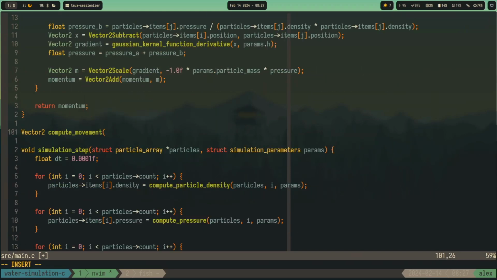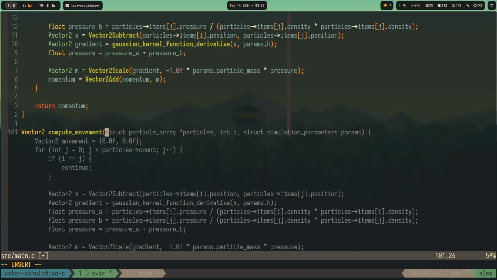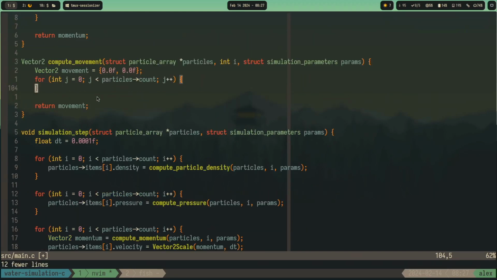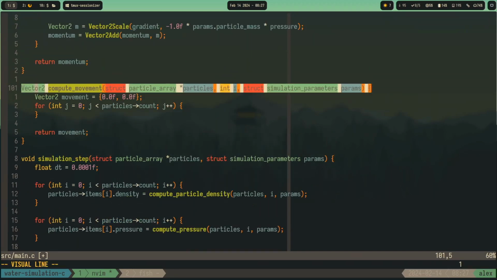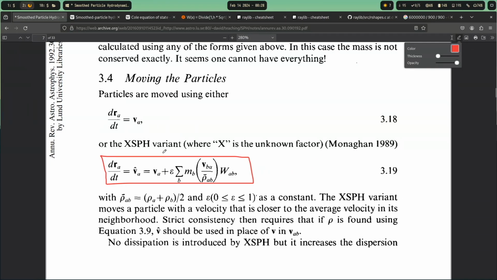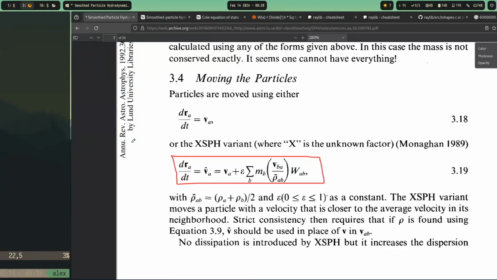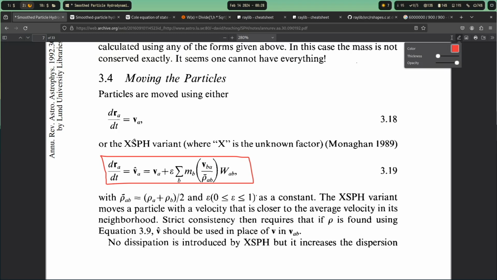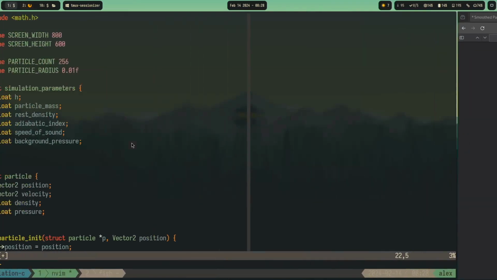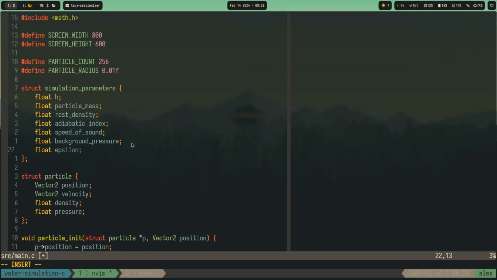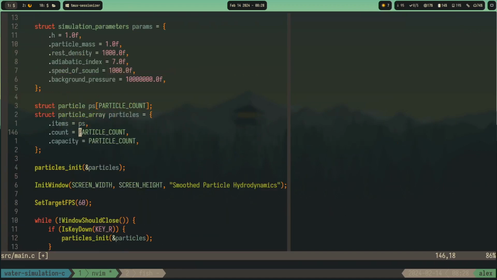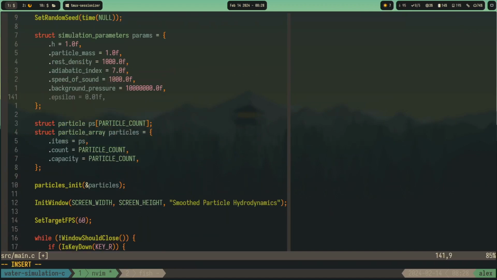And here we should get all the particles. Okay, we have VA. Let's have an epsilon. So epsilon should be between 0 and 1.